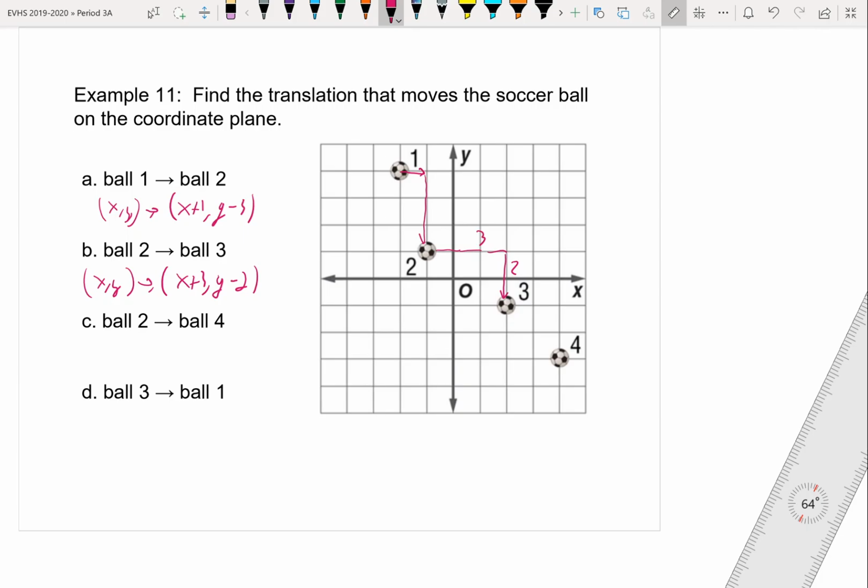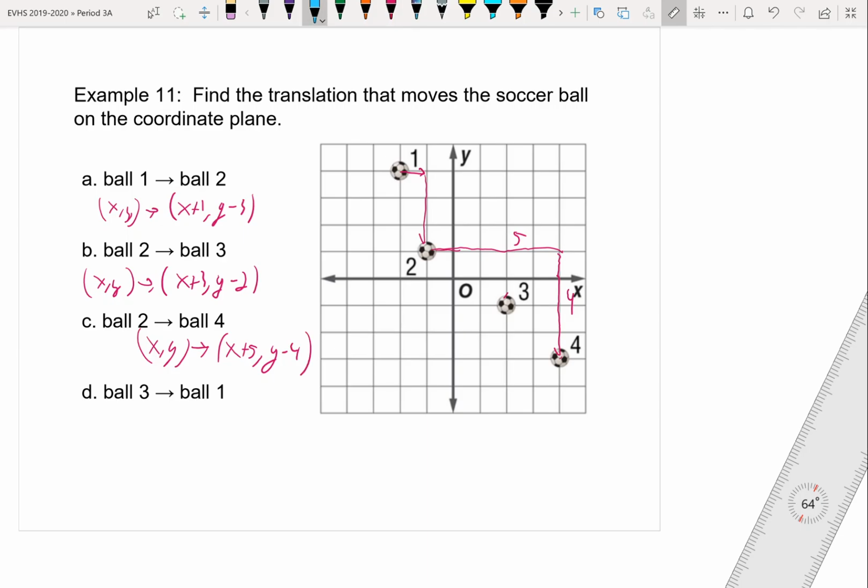To go from 2 to 4, go ahead and erase those. So I'm going over 1, 2, 3, 4, 5. And then down 1, 2, 3, 4. So that is xy goes to x plus 5, y minus 4.